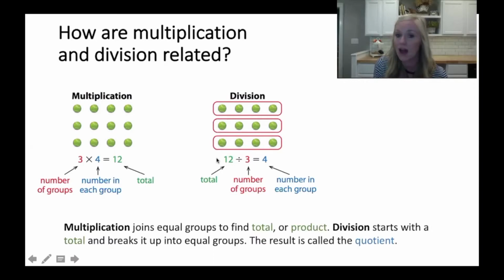We start with how many tennis balls we have in all, and we are breaking them up into equal groups. So we have 12 tennis balls in all, and we're going to divide them into 3 groups, which would then tell us how many tennis balls we have in each group. We have 4 tennis balls in each group. So the answer to a division problem is called our quotient.